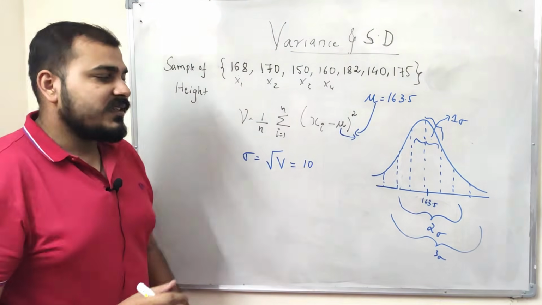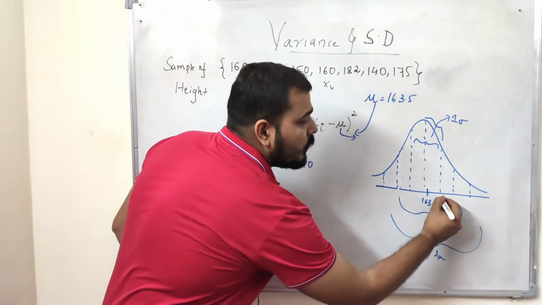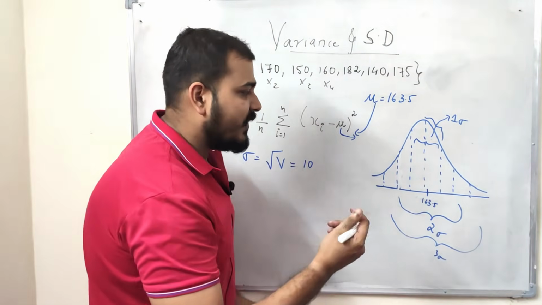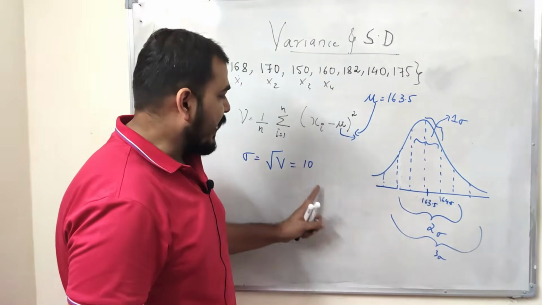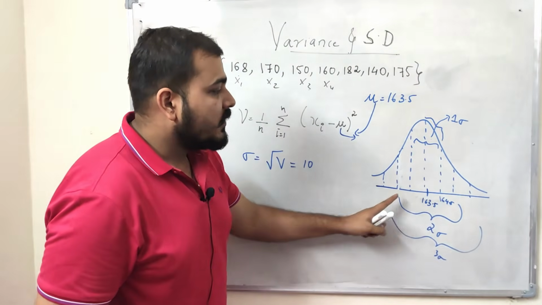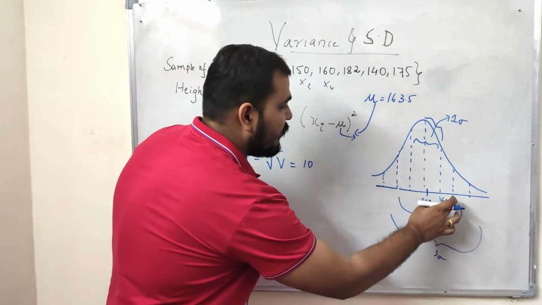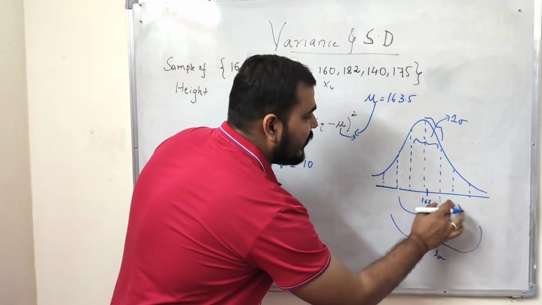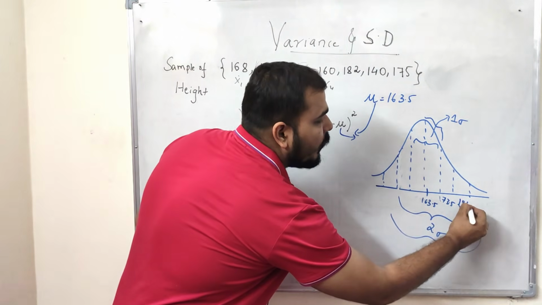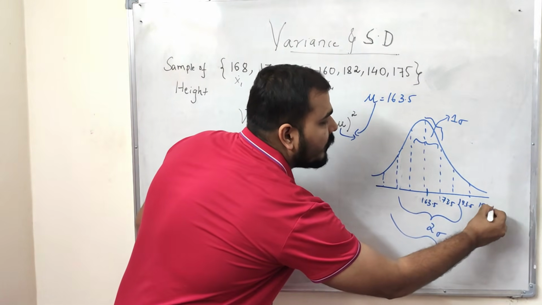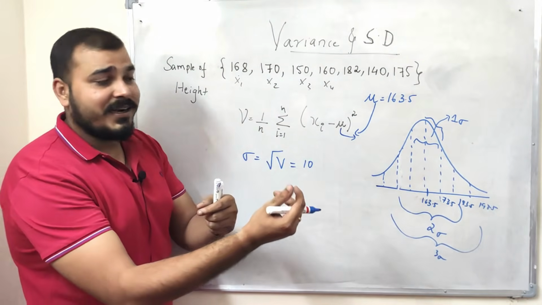So if I move one step to the right, my next value will be somewhere around 173.5, because I'm adding 10 to this value. Similarly, if I go one step right again, it will be 183.5, then 193.5. So 193.5 is outside the third standard deviation.